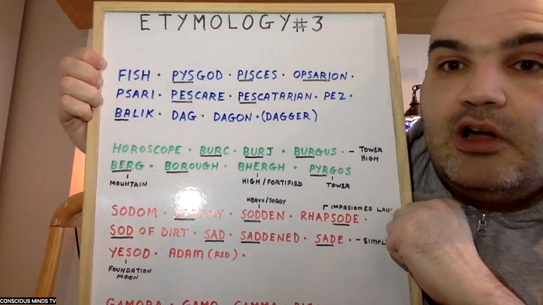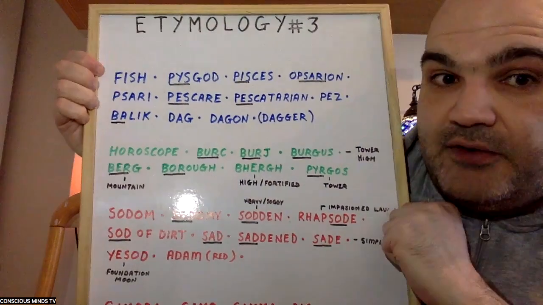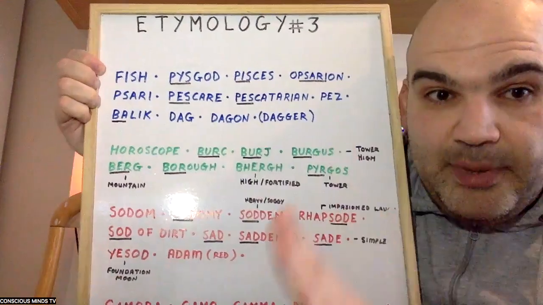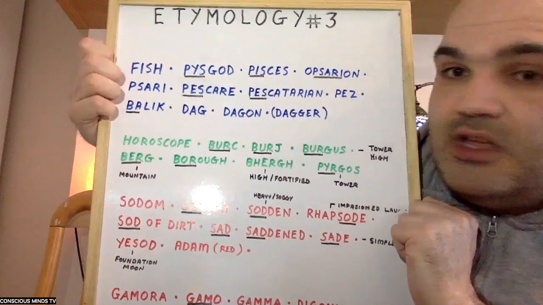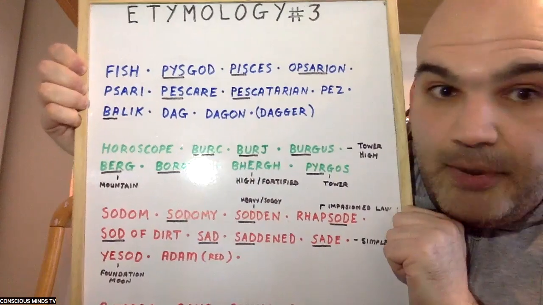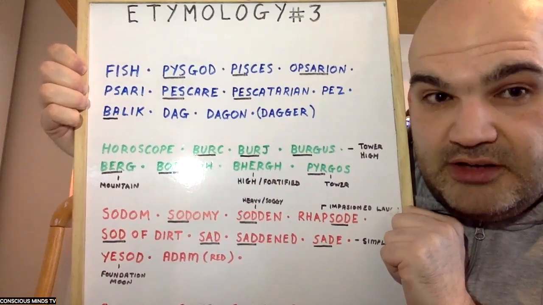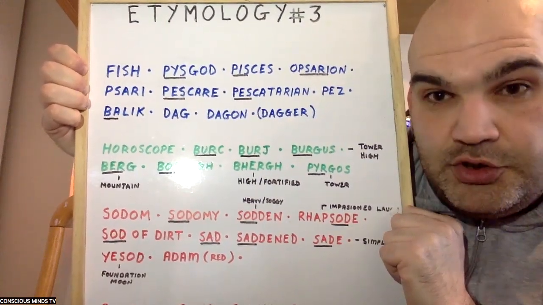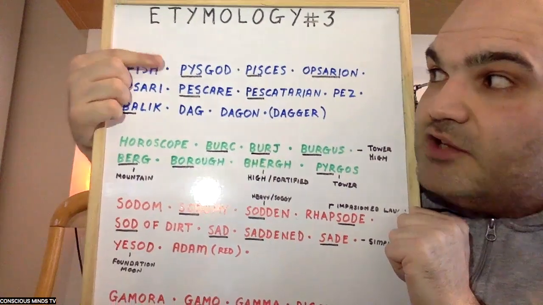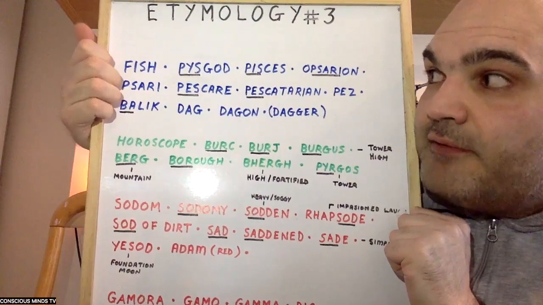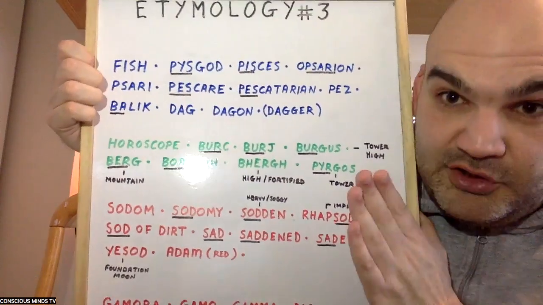So when we start looking at the word fish in different languages, we see a lot of P's coming up, which is really interesting. The first one next to the English word fish is the word pysgod, and pysgod is the word for fish in Welsh. So if we interchange that P with an F, that would be fysgod, or fish god.